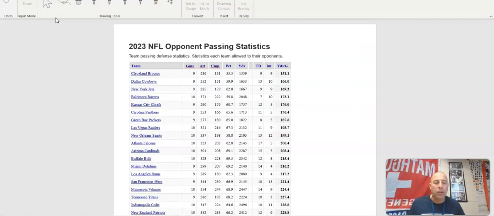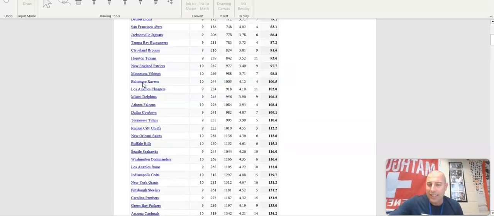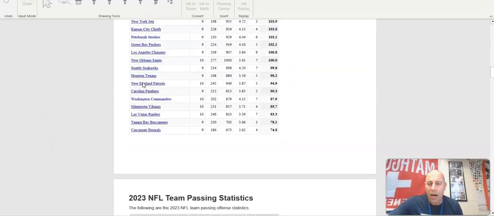When I look at Mr. Thielen there, he plays for CAR because it's bolded in. So he's playing against DAL, which is Dallas. Right away, I can see up at the very top, Dallas Cowboys. They've got a really good pass defense, which means it's not good for Mr. Thielen right now.